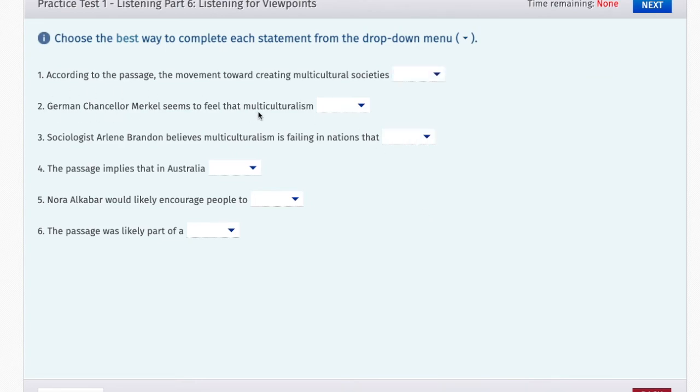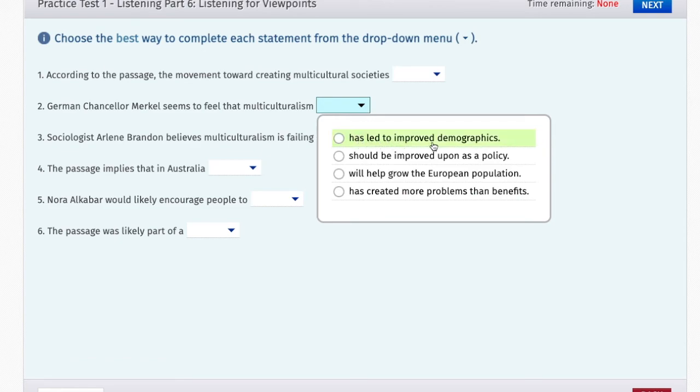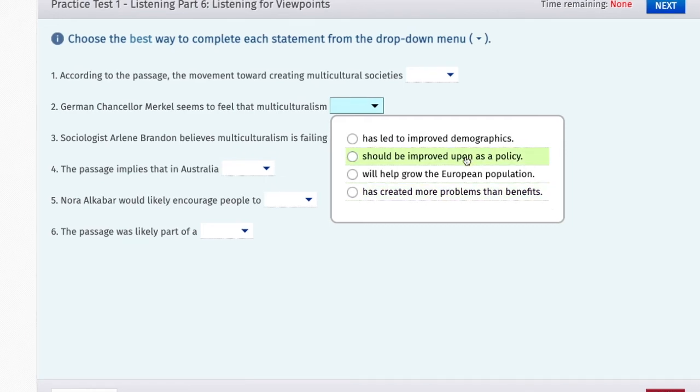Looking at number two, German Chancellor Merkel seems to feel that multiculturalism has led to improved demographics, should be improved upon as a policy, will help grow the European population, has created more problems than benefits. So, to better select the answer here, we need to make sure that we're not selecting an answer just because we heard the word demographics.